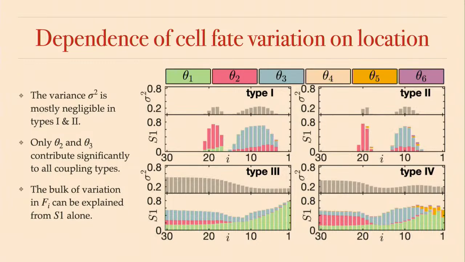And so what we're seeing is that the parameters that contribute to the variance are, and we've colored them based on what they are, theta 1 is green, pink, and so on. You see that by and large it's theta 2 and theta 3, right? Again, here it's theta 2 and theta 3. The others have a very small influence, but it's these two parameters that are playing the key role in accounting for where this variance is coming from, right?